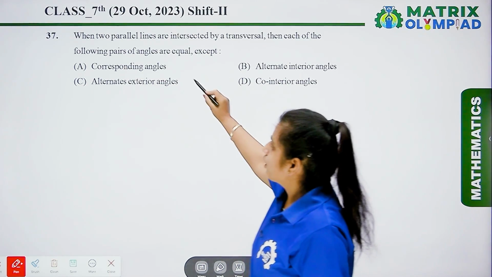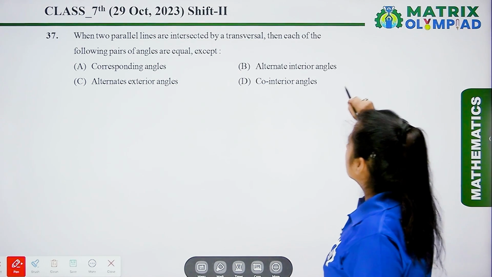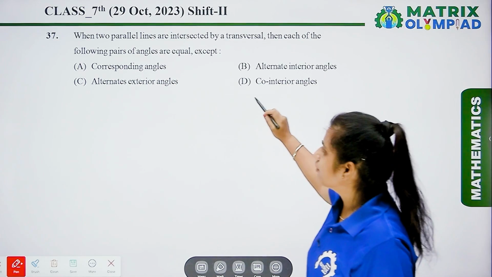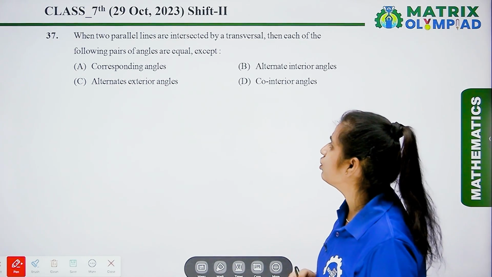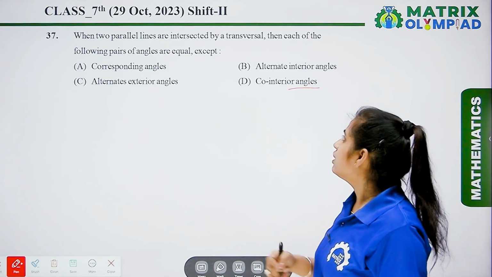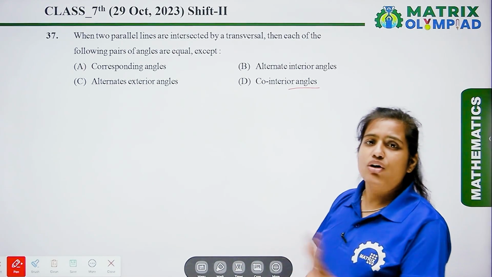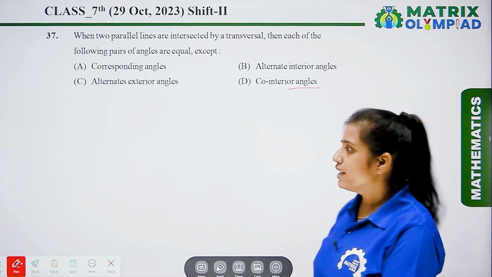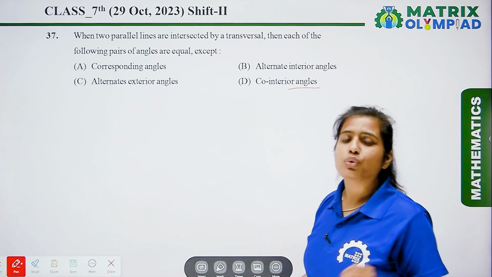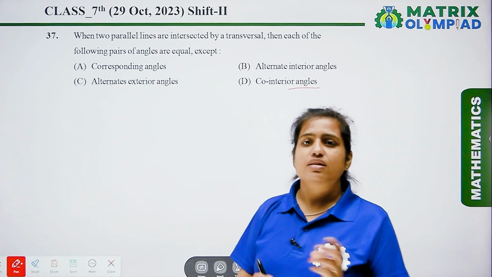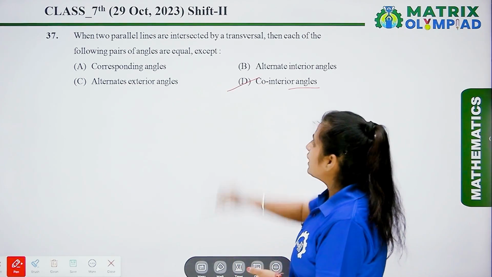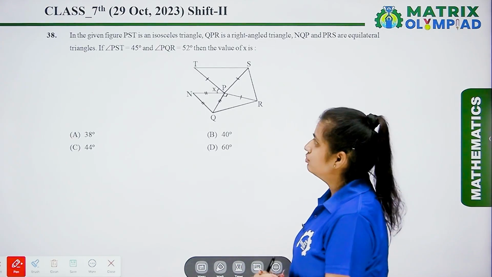So here corresponding angles, we have equal, alternate interior angles also equal, alternate exterior angles also there, and the last option is co-interior angles. So here except co-interior angles, all the rest of the angles are equal, because in co-interior angles we have the sum of two interior angles equal to 180 degrees. So here option D is the correct answer.